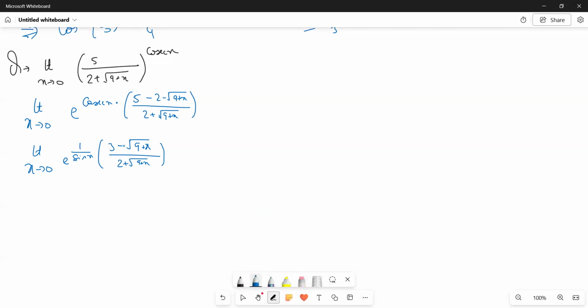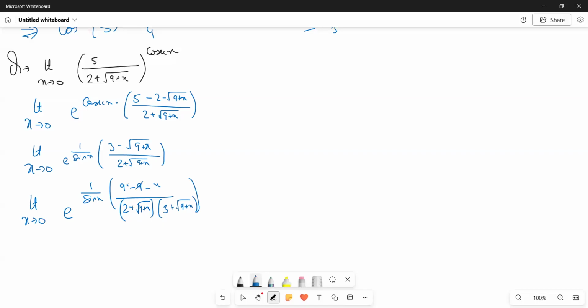Okay, what do we do next? Anyone? Rationalize the numerator. So limit x tending to 0, e to the power 1 by sin x. Now when we rationalize the numerator, this will be 9 minus (9 plus x) divided by (2 plus root of 9 plus x) into (3 plus root of 9 plus x).